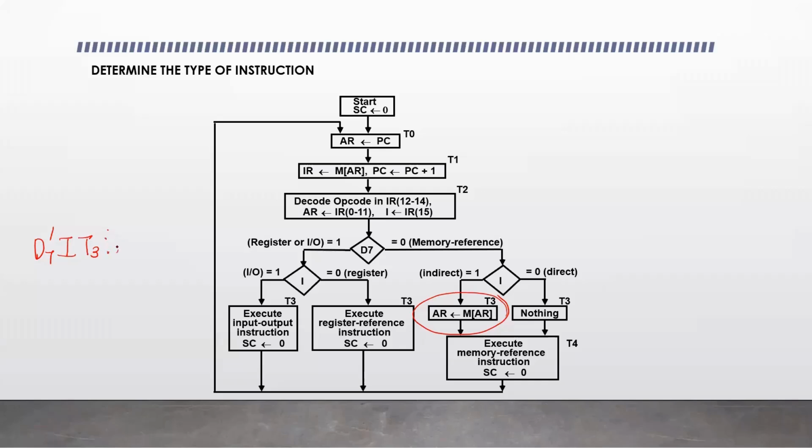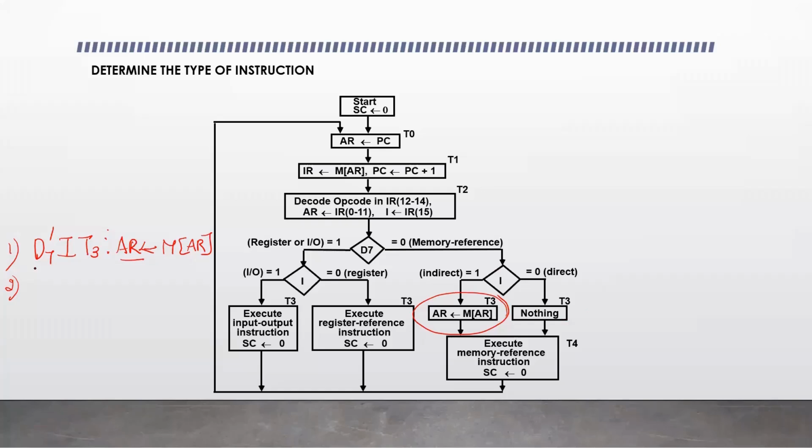The operation performed is AR gets the memory word, moving it from the address to register AR. This is the first control condition. And the second control condition is for doing nothing, when D7 is 0 and it is a direct address, we don't have to fetch the address there.